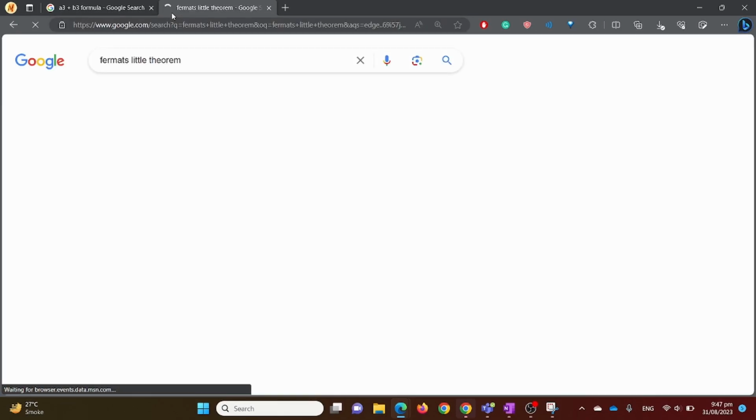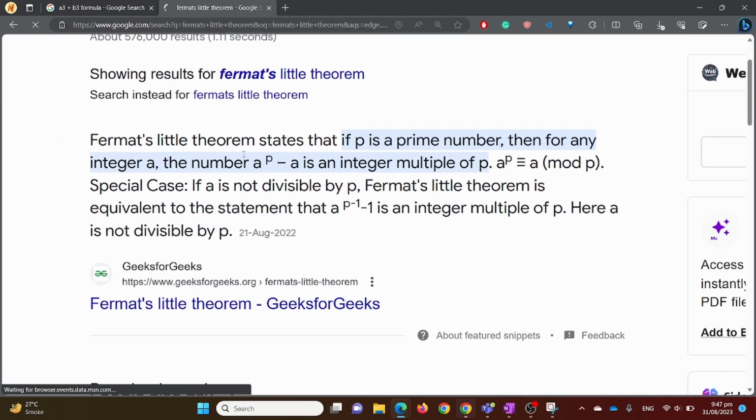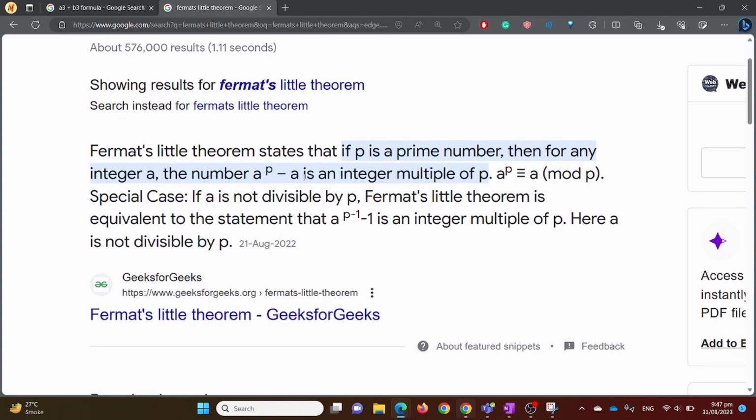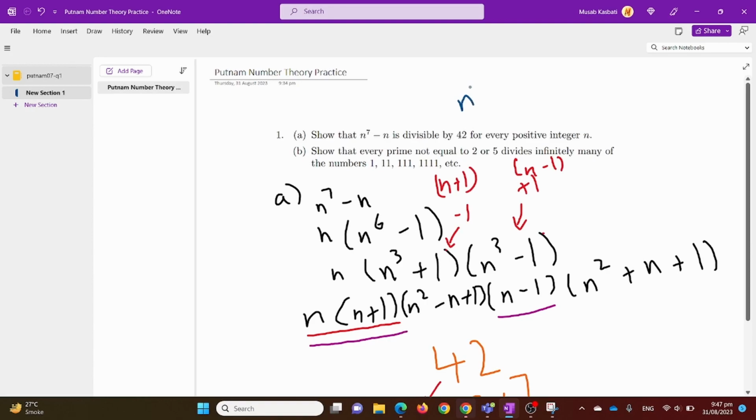Okay, and Fermat's little theorem states that if p is a prime number, then for any integer a, the number a to the p minus a is an integer multiple of p, which is a mouthful, but essentially it's saying that for any integer a, a to the p minus a is a multiple of p if p is a prime number, which means p divides this.